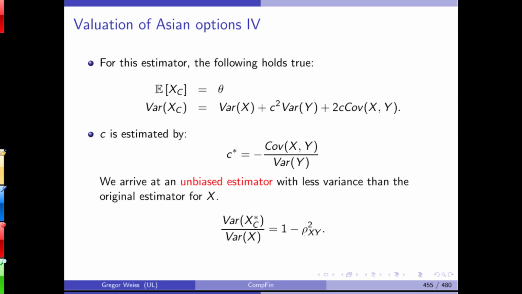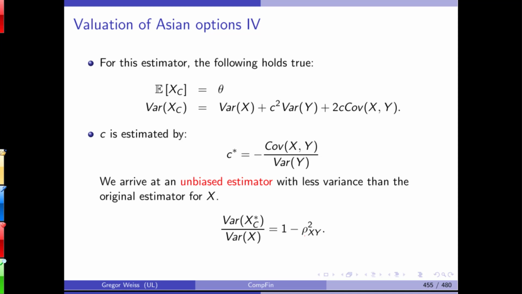And to see the improvement, you can see quite easily that the expectation of Xc is theta, and the variance of Xc is the variance of X plus c squared times the variance of Y plus 2 times c times the covariance between the two. And now c is estimated by minus covariance divided by the variance.